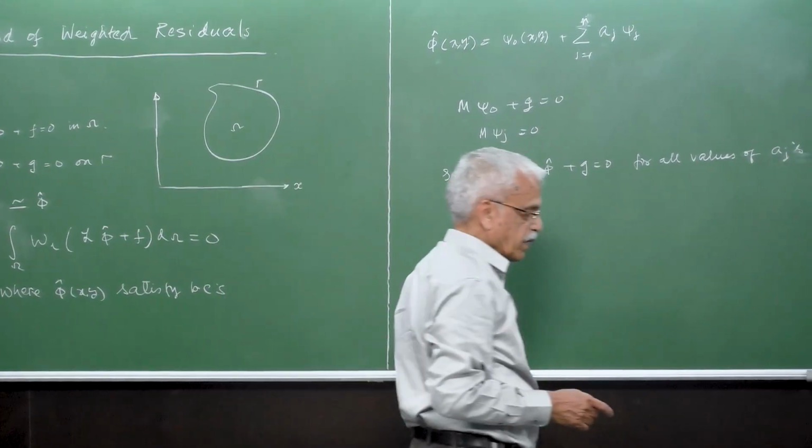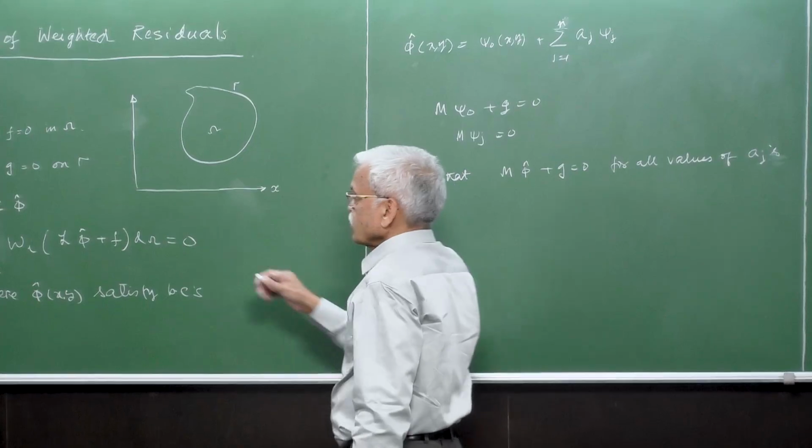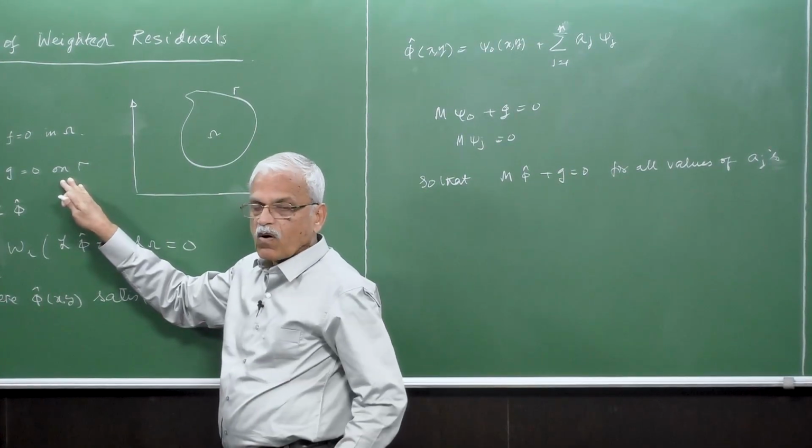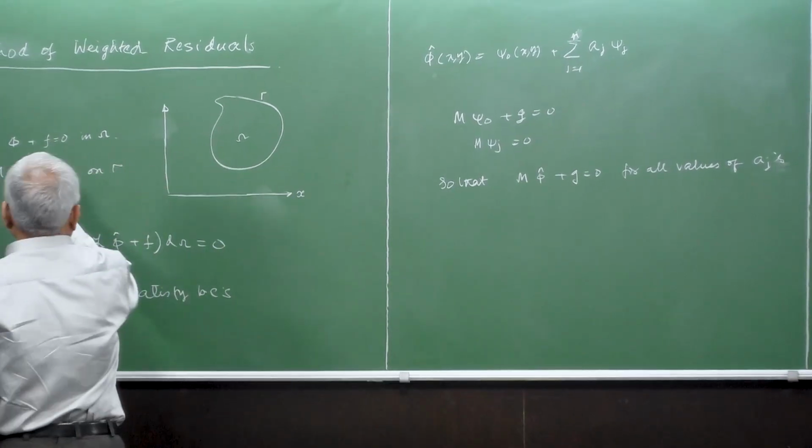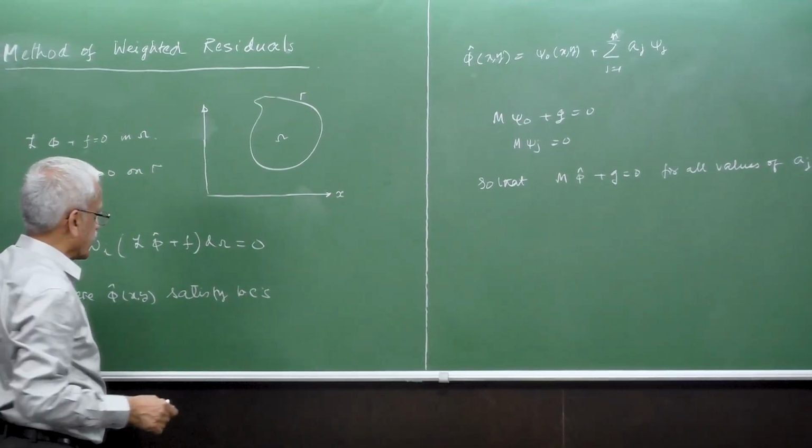So in this way we are satisfying this boundary condition for all values of a_j, and what remains is the satisfaction of this one in an approximate manner.